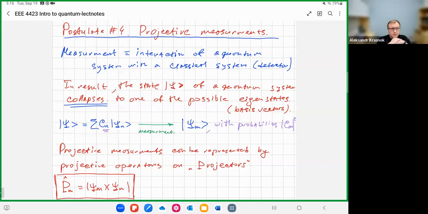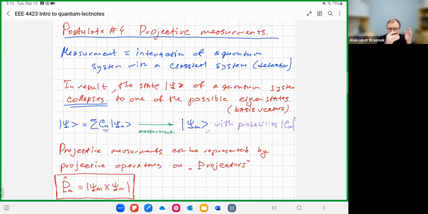Whenever we measure a quantum system, we put it in interaction with a classical object, which we call a measuring apparatus or equipment, and the quantum system changes the state of this classical measuring system. This is how we observe this action from quantum to classical.